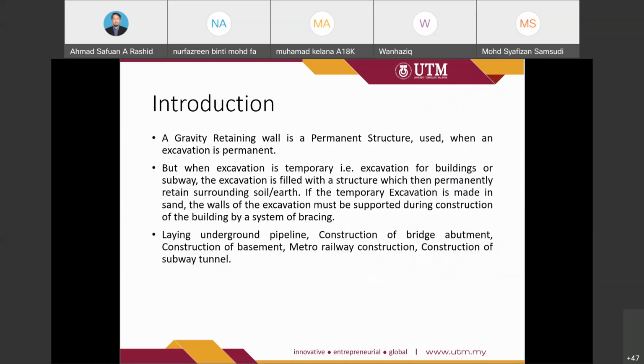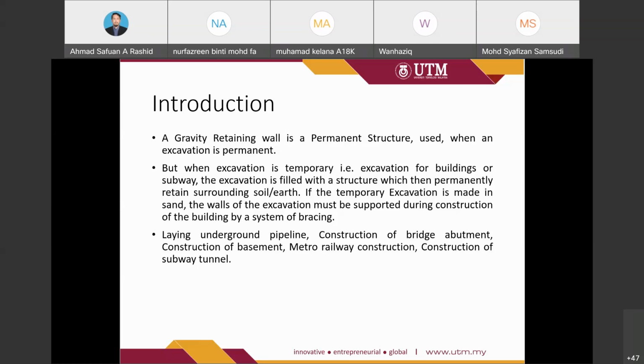So later on, after the excavation is completed, we can remove this bracing system and replace it by the permanent structure. If the temporary excavation is made in sand, the wall of the excavation must be supported during construction of the building by a system of bracing.